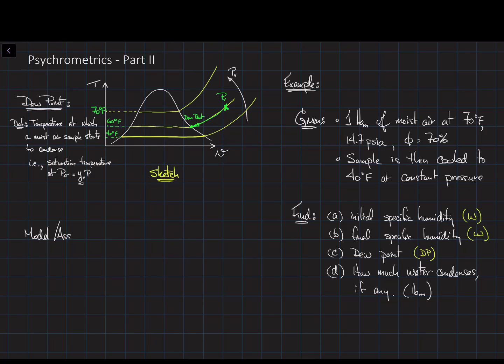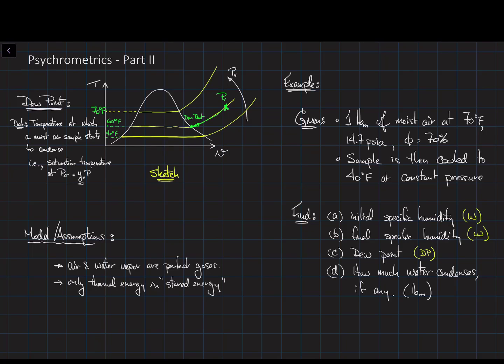And here's the 70 degrees F point that I've talked about before. That's our top isobar, and the P sub V right there is supposed to be aligned with that 70 degrees F, right? And 60 degrees, we're going to see why that's important in a moment, and the 40 degrees F is there as our final point. We don't know exactly where we're going to end on that curve just yet.